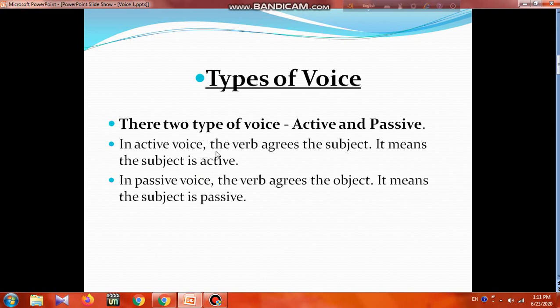In active voice, the verb agrees with the subject, it means the subject is active. And in passive voice, the verb agrees with the object, it means the subject is passive, meaning the subject doesn't do the action directly, the action is done by others. These are the types of voice.